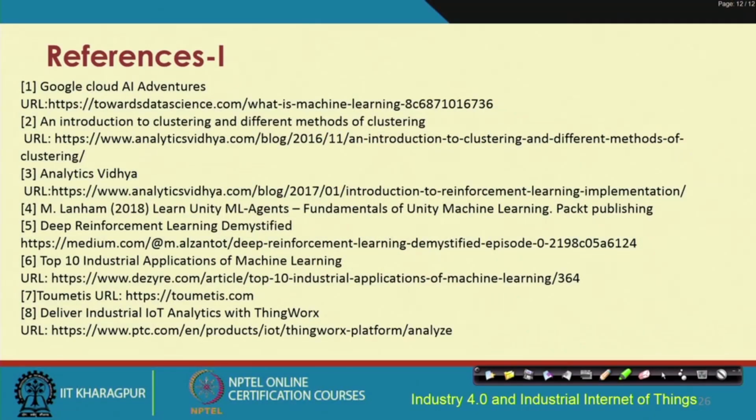And machine learning, so far what we have understood in this particular lecture is that machine learning can be of broadly 3 types: supervised, unsupervised and reinforcement learning, and there are different other machine learning techniques that are also there. These are some of the references that can help you to get a little bit more in-depth understanding of machine learning.